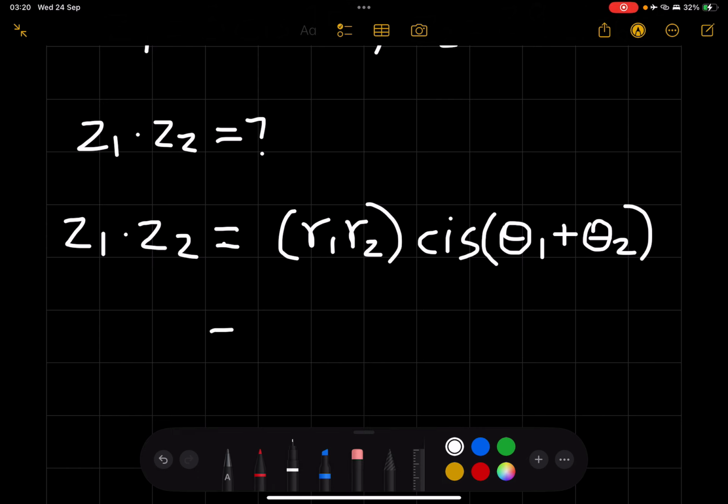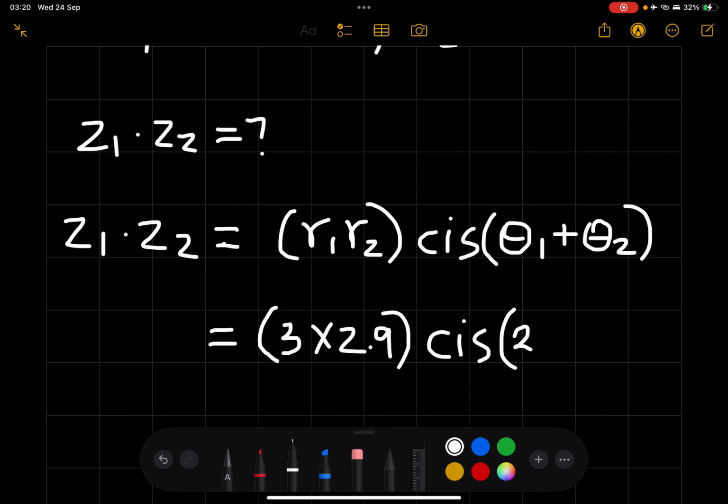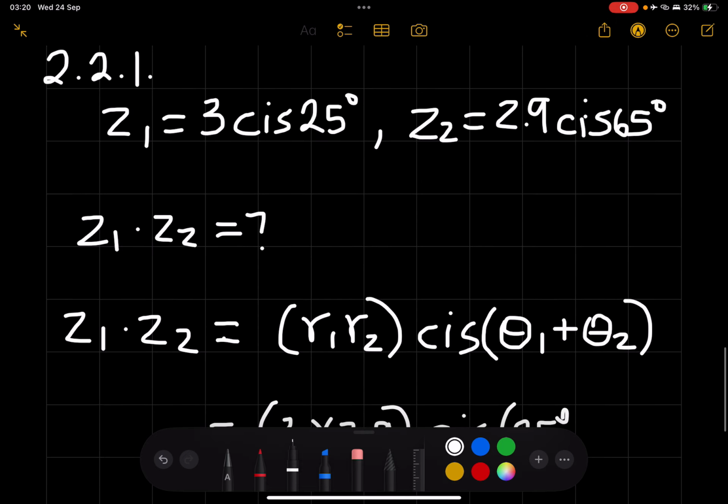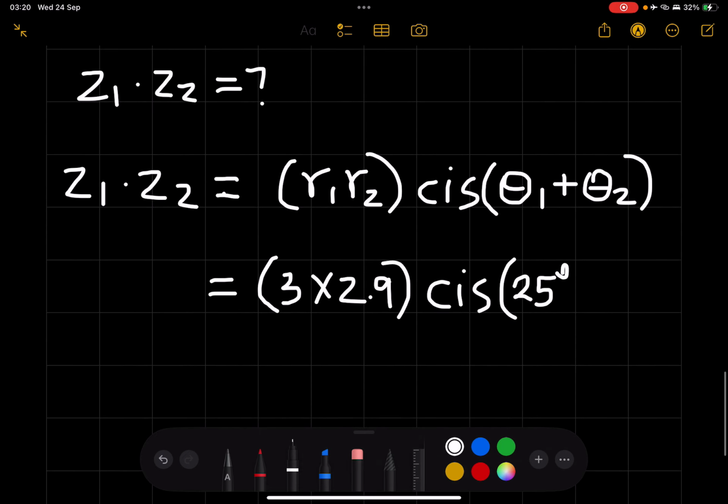Let's put in a substitution. Our r's are 3 times 2.9. Then cis, the first angle is 25 degrees. If we check there, the second one is 65 degrees. So plus 65 degrees.